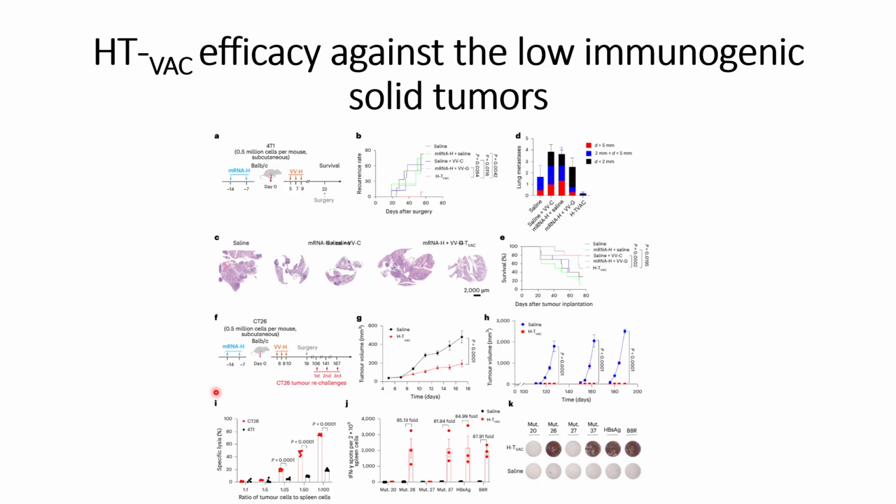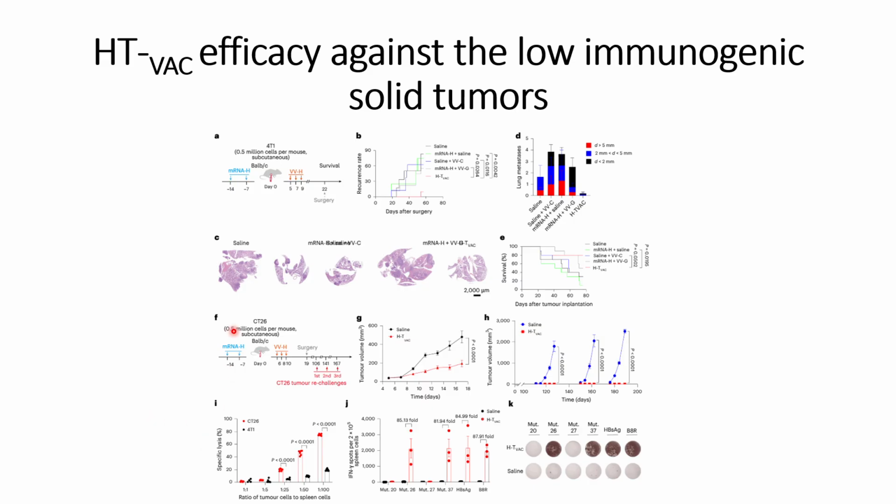Once validating that their HT vaccines seem to work efficiently against tumor recurrence, they wanted to check whether this immune response is specific to a particular tumor or can act on other tumors also.